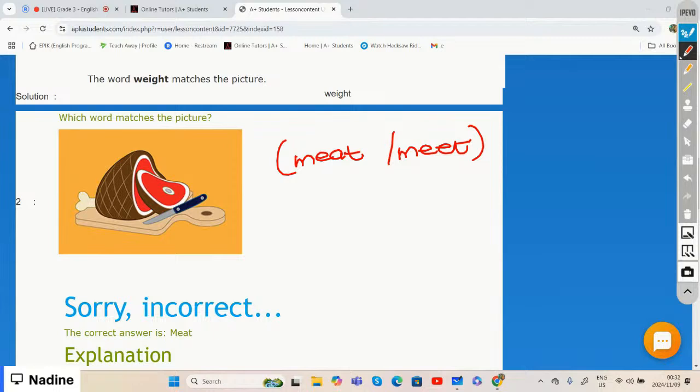All right. And if we were to select the correct word, then yes, the first word, meat, food, it matches that picture.